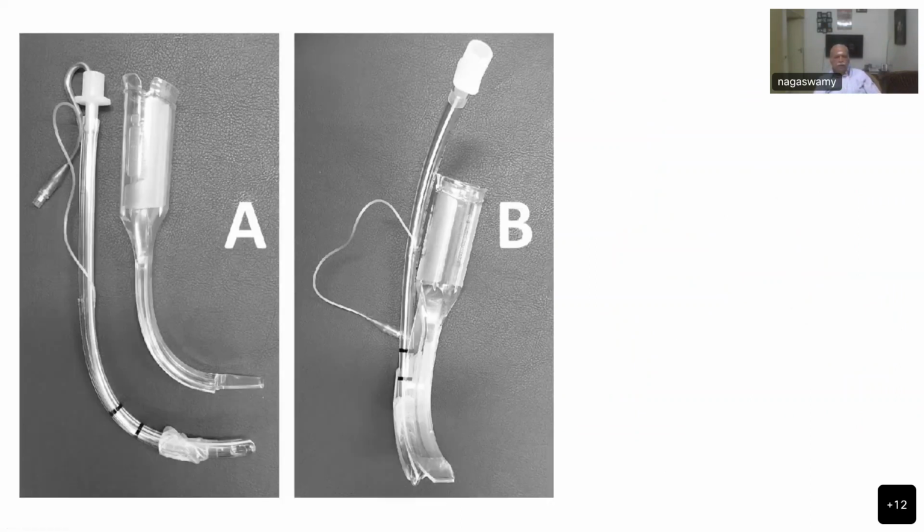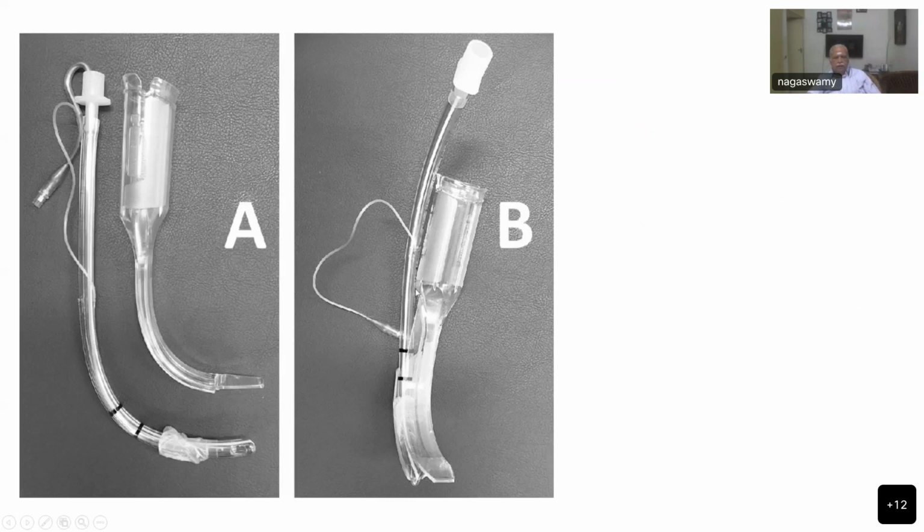And you have video laryngoscope blades which are channeled and non-channeled. Picture A shows a video laryngoscope with a removable blade attached to the handle, where there is no channel for the endotracheal tube, so you have to pass it separately after you visualize the glottis.